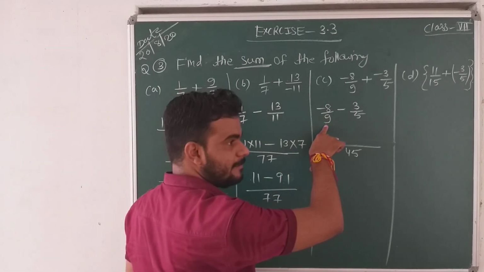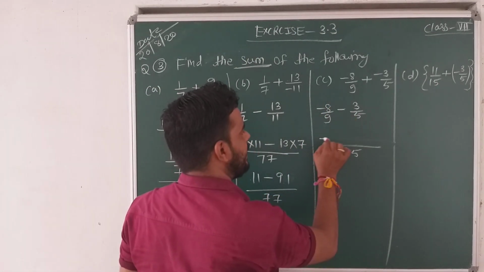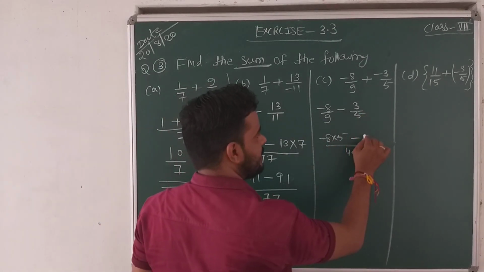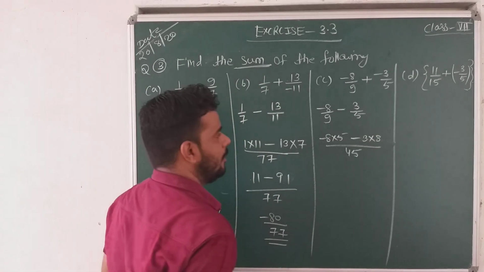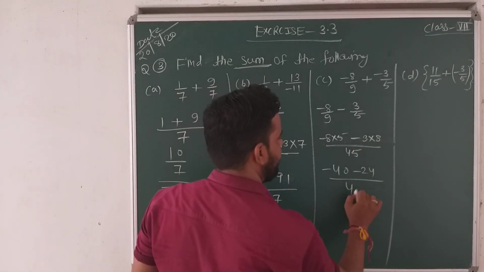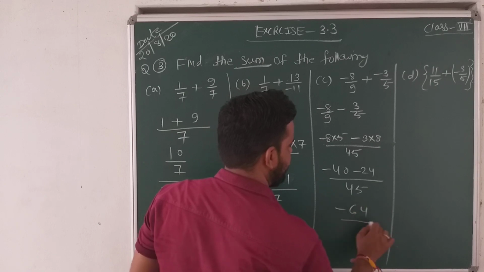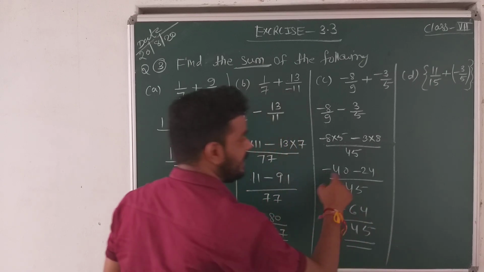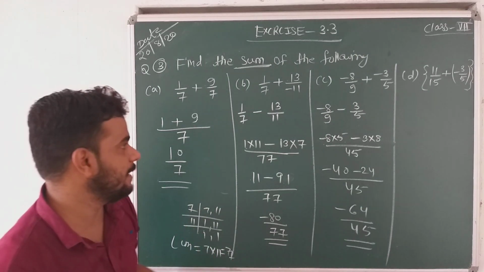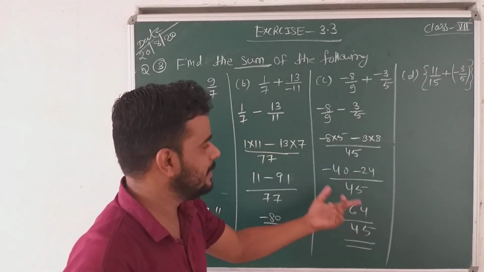To make 45 we have to multiply by 5. So negative 8 multiply 5, minus, and here to make 45, 3 multiply 8. Okay, so 8 fives are 40, minus 24 by 45. So the result is 64 by 45. Both are negative, so if negatives are there, then you know that we have to add both of these. Okay, so this is your answer.